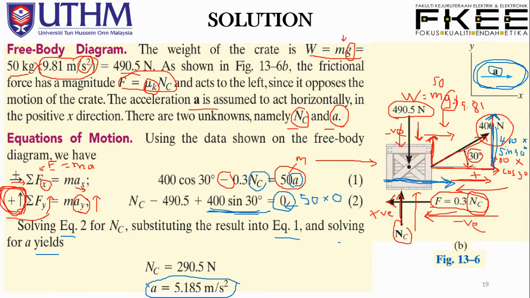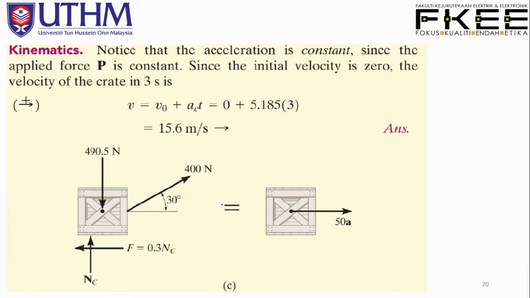So substitute this A value into this equation, for example, and it gives the value of NC, which is 290.5 Newton. So for the kinematics analysis, notice that the acceleration is constant since the applied force P is constant.